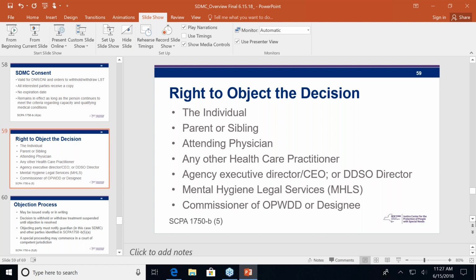This is to protect the individual in those instances where maybe the end of life care decision is being made by a family member with a physician, and maybe another physician involved in the care, maybe the hospital physician with the family member made this decision, and the attending physician outside the hospital feels that this person doesn't really meet the criteria, and they could object to that and ask for a review of the record. So it could also be any other healthcare practitioner, the agency executive director, MHLS, or anyone from OPWDD.